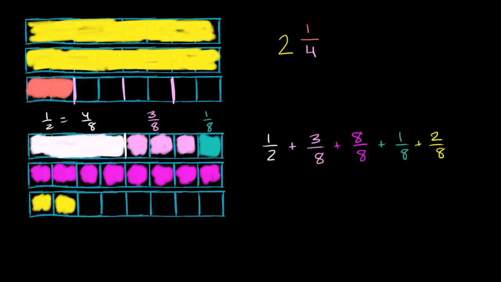If you add all of these together, 4/8 plus 3/8 plus 1/8 is going to be 8/8. 4 plus 3 plus 1 is 8. So you get 8/8, which is this entire whole. So hopefully that helps give you a visual understanding of what we're doing when we're adding and decomposing these fractions a little bit more.